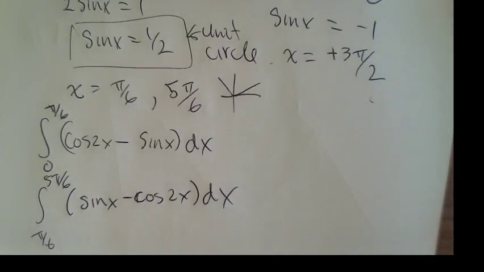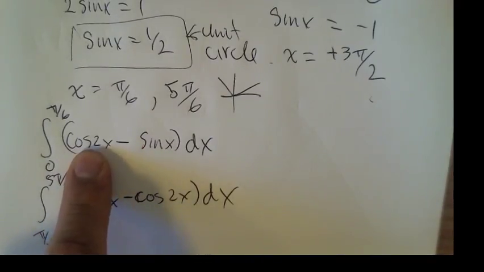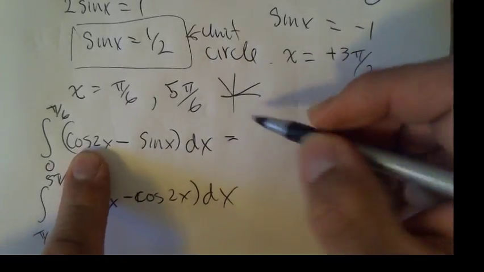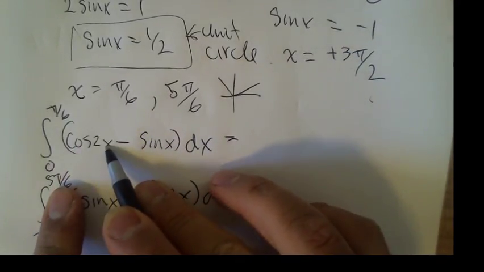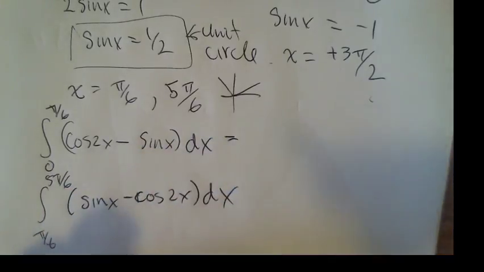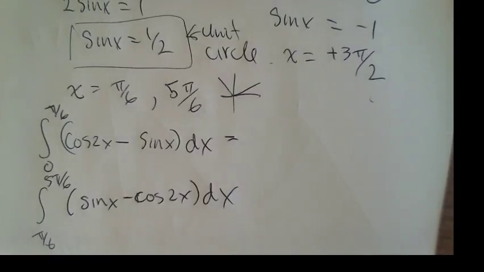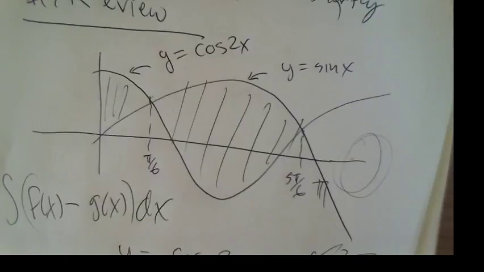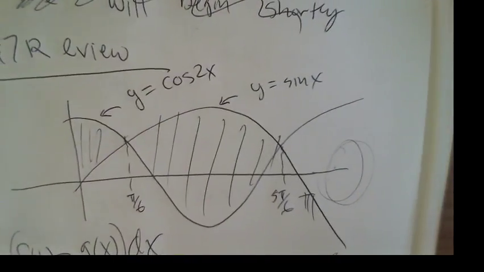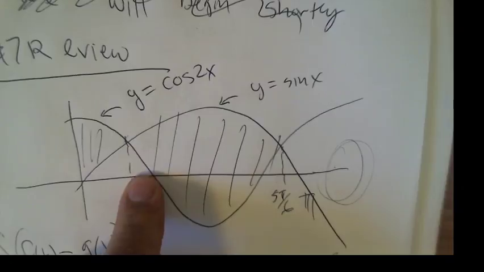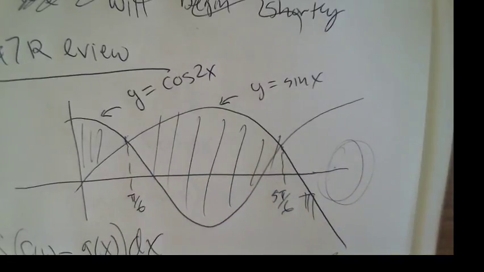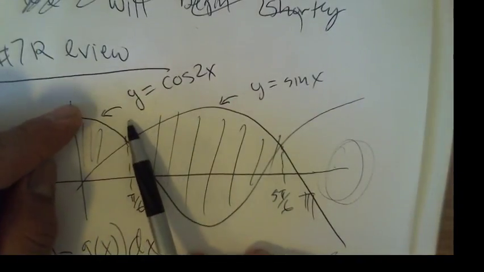Then from here we integrate. Be careful with this cosine of 2x. It's a chain rule here, so when we work backwards... The reason they flip is because, if we look at our graph, it's top minus bottom.